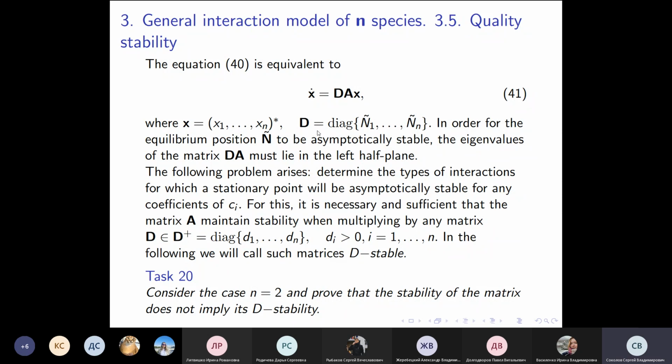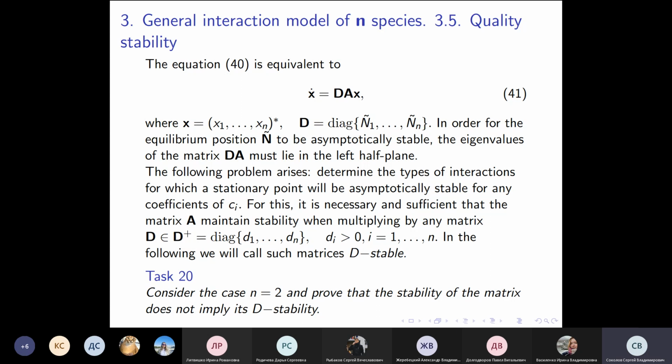D is a diagonal matrix and A is our community matrix. In our situation, we consider matrices D with positive diagonal elements. And finally, the equilibrium position is asymptotically stable when the eigenvalues of our matrix DA lie in the left half plane of the complex plane.